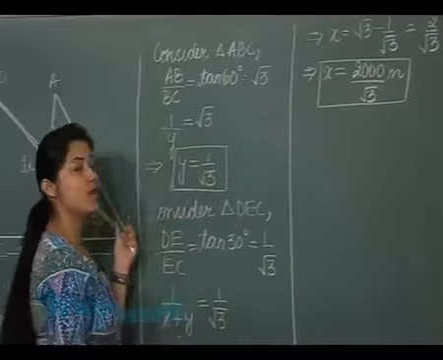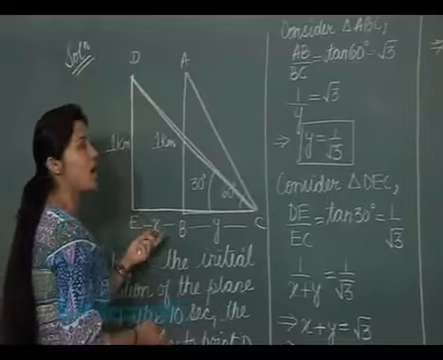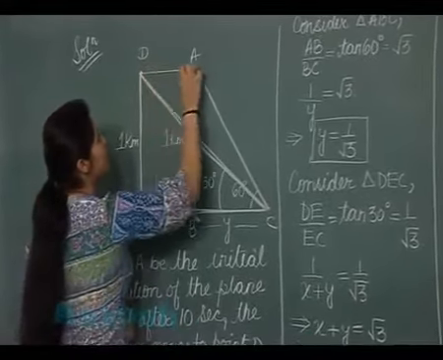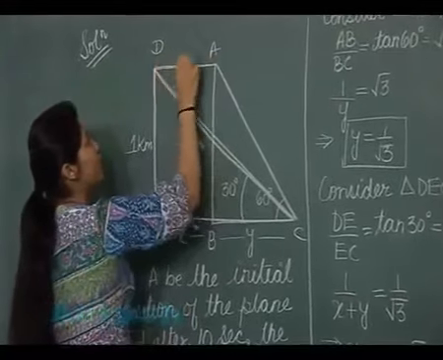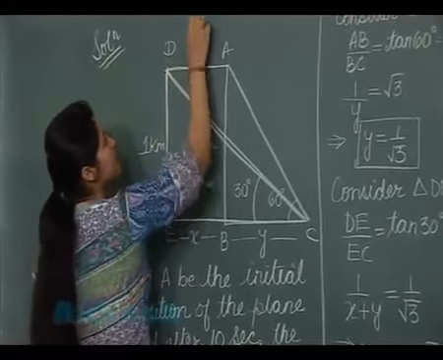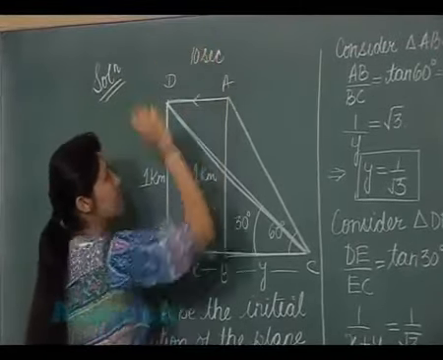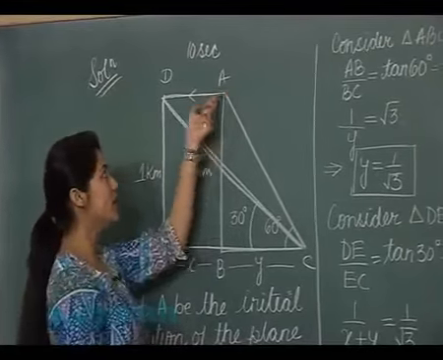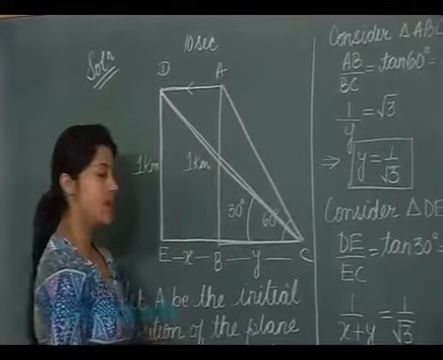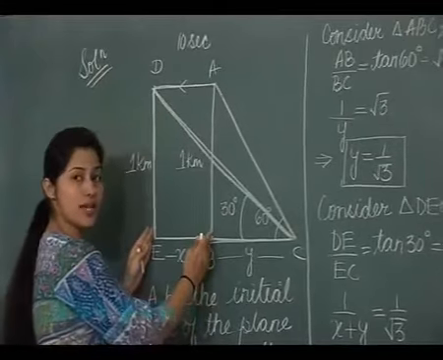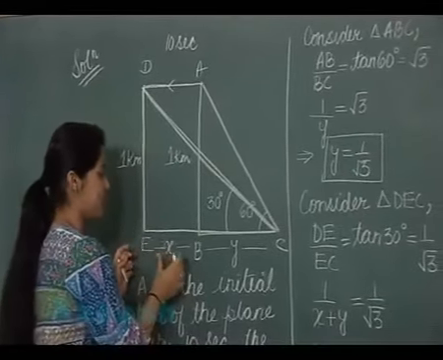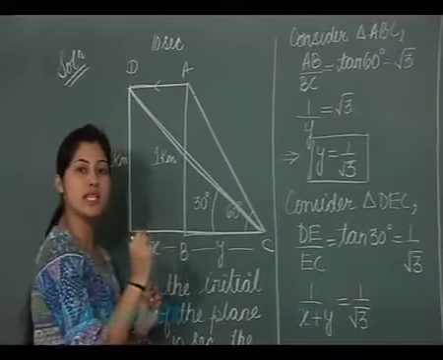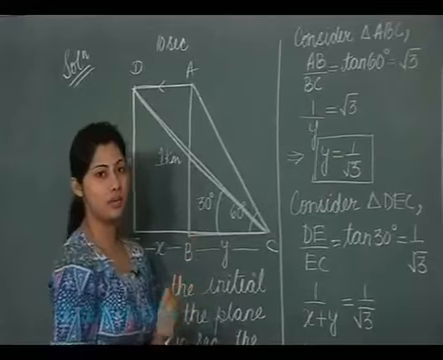Now student, just give a look at this figure. We want to find out the speed of the plane, and we know that while traveling from point A to point D, the plane has taken 10 seconds. That means the time taken by the plane to travel from point A to point D is 10 seconds. And this is the distance travelled by the plane from B to E, and the distance is given by x, and we have found out the value of x is 2000 upon root 3 meters.